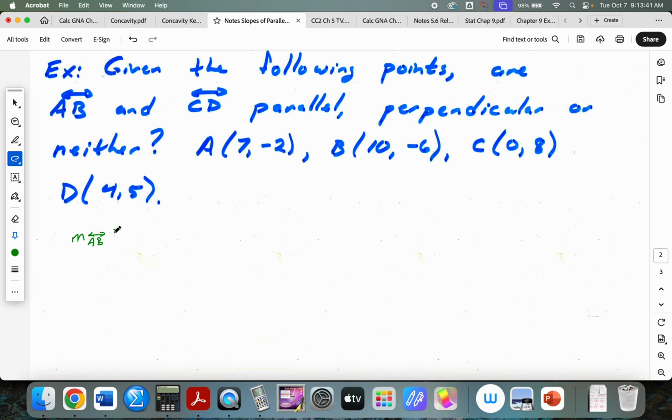So the slope of line AB, notice this is one way that you could indicate that I'm finding the slope of line AB is to use that AB as a subscript.